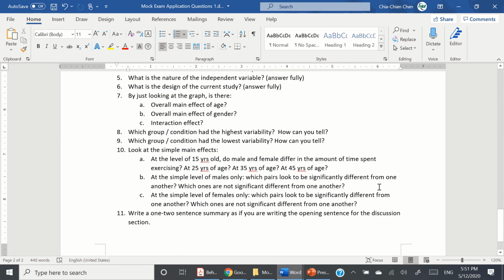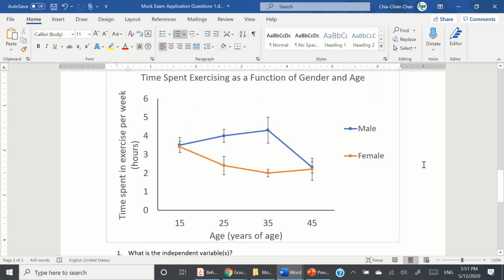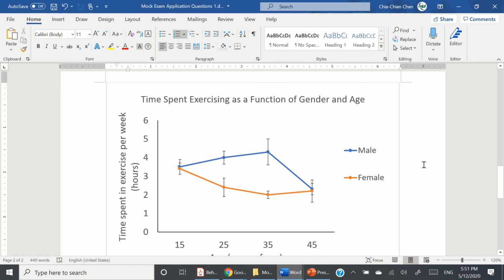Okay, 11. Write a one or two sentence summary as if you are writing the opening sentence for the discussion section. So what you want to say is something like, in the current study, we investigated how gender and age of the participant can influence the amount of time that participants spend exercising.